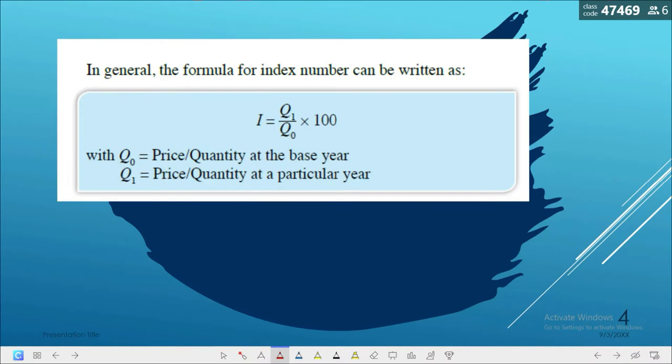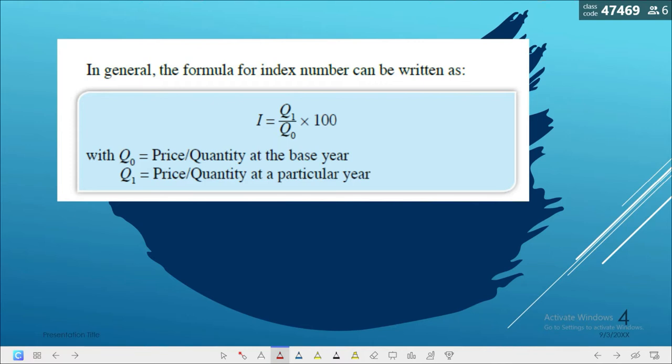In general, for the formula for the index number, you can use this formula. Q0 is the quantity or price at the base year. Just now, in the example, the man bought the smartphone last year, then the girl bought the smartphone this year.